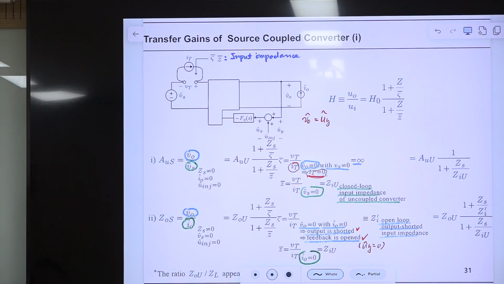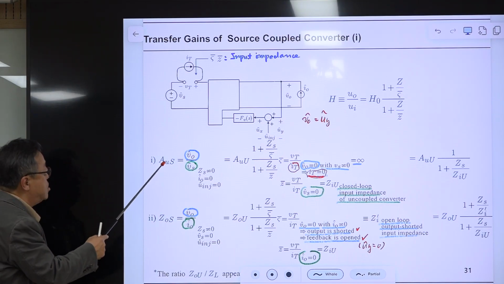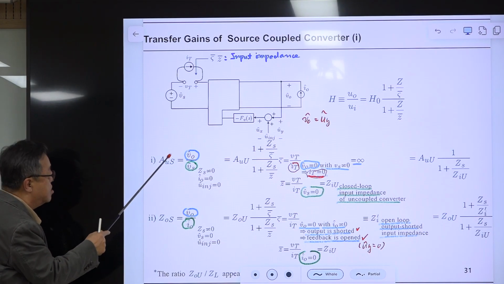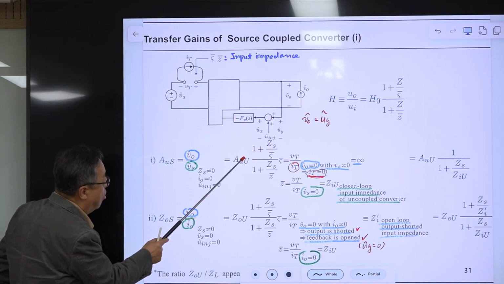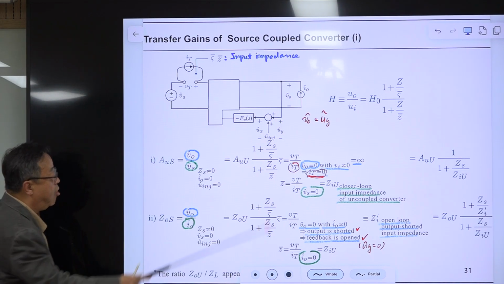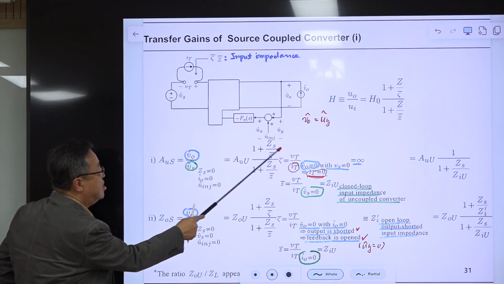Think about superposition: we are only considering one disturbance source. Then the audio susceptibility with source subsystem is the audio susceptibility of the uncoupled converter plus this term. This one is the EET equation.